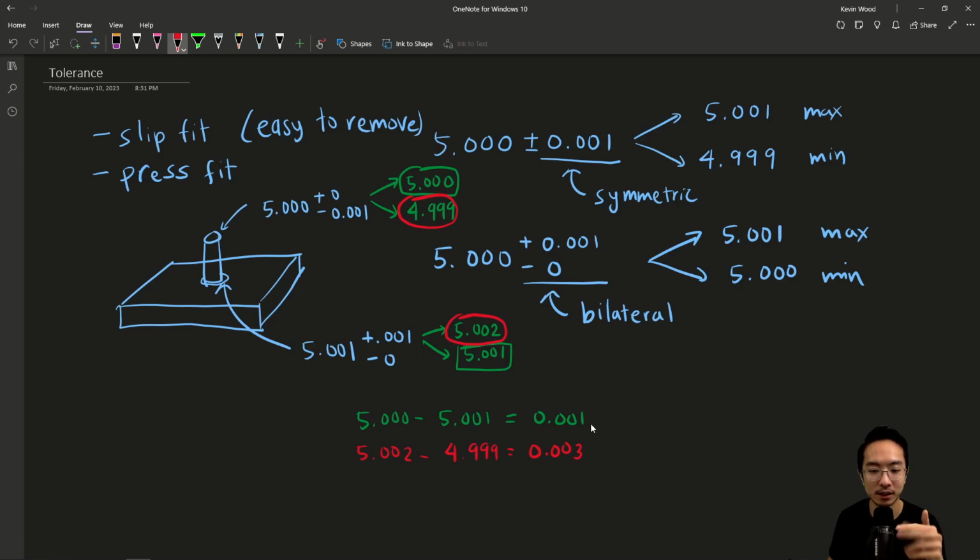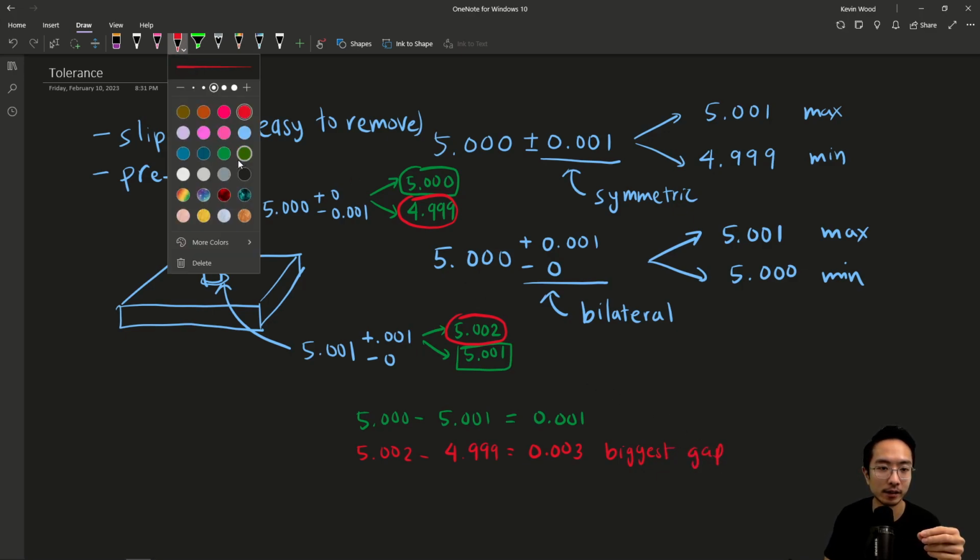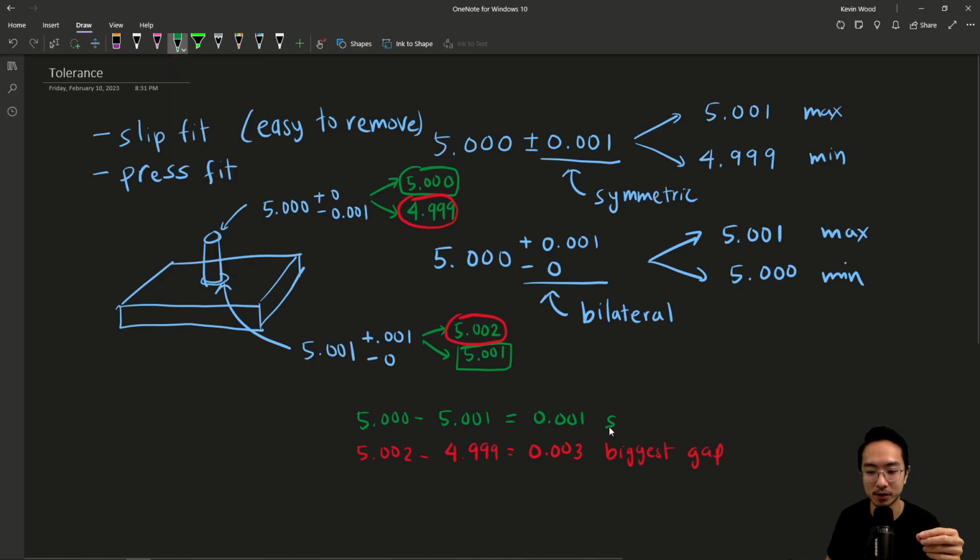So you can see in either case, we're always going to have a net positive gap, which means that between the shaft and the hole, there's going to be some gap in between, where this is the biggest gap, and then the other one in the green is our smallest gap.